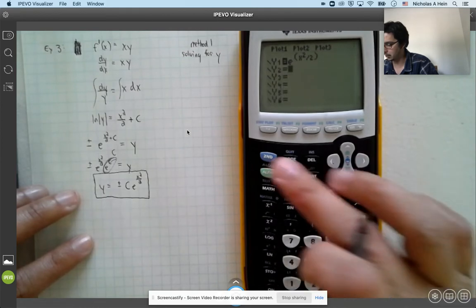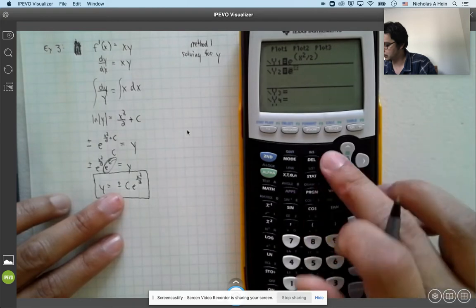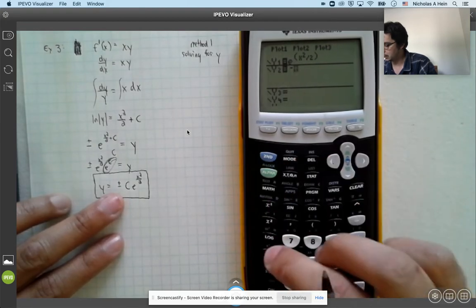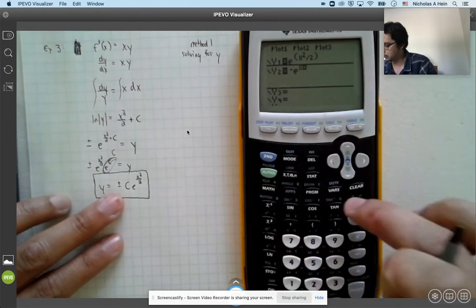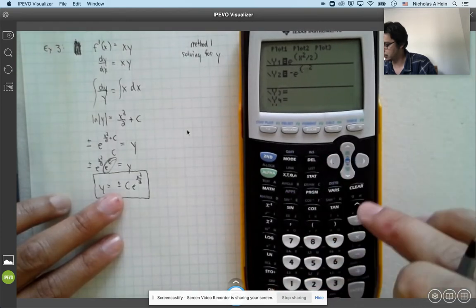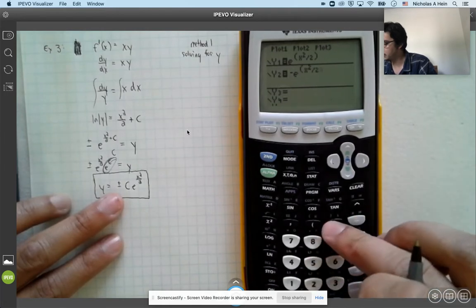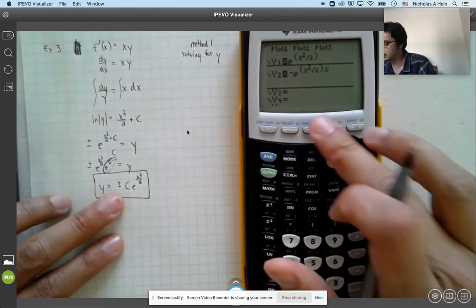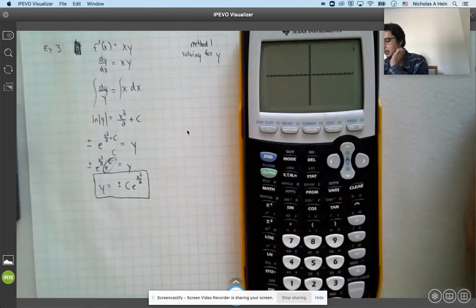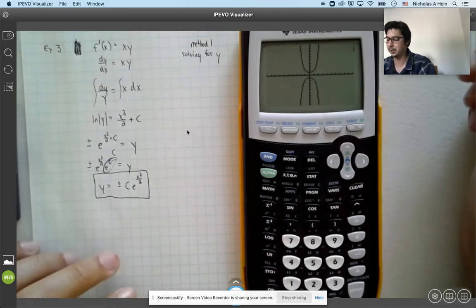And then down below, I also want e to the x squared over 2, so that's in parentheses. Okay, that looks good to me. If I graph this, there you go. So there's a possible scenario.